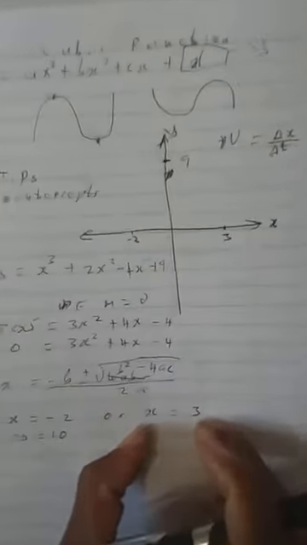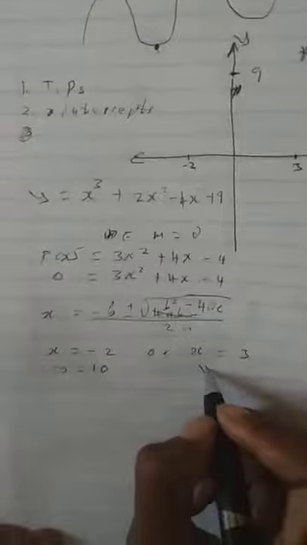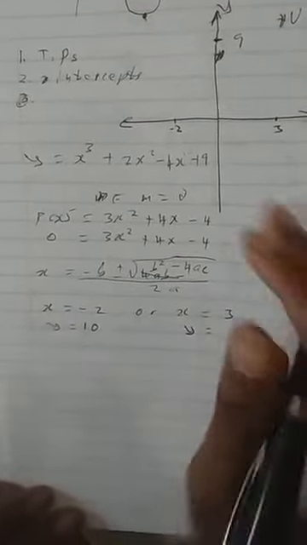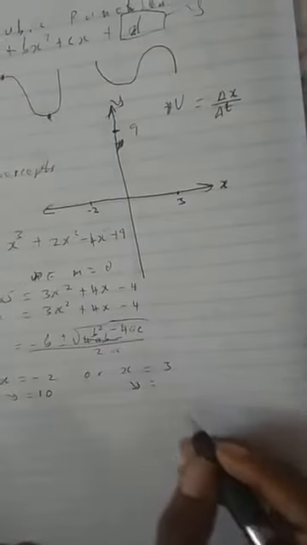This is 10, and if you substitute this one, x, into the original equation, let's say you get y equals to, it has to be negative because it's going to be curving up.